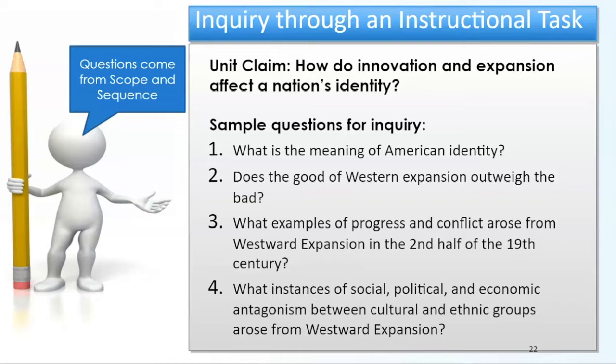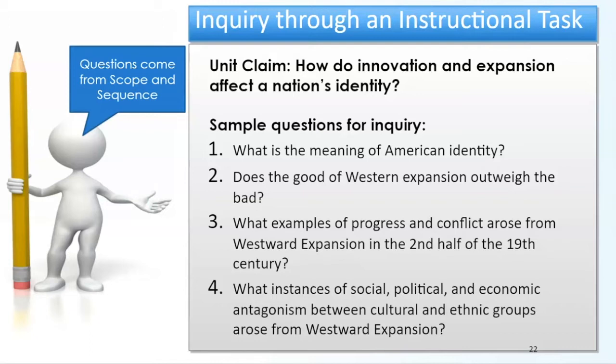You'll see that we need to answer the question of what is American identity in order to fully answer that unit claim. Second, does the good of Western expansion outweigh the bad? Third, what examples of progress and conflict arose from Western expansion in the second half of the 19th century? And fourth, what instances of social, political, and economic antagonism between cultural and ethnic groups arose from Western expansion?